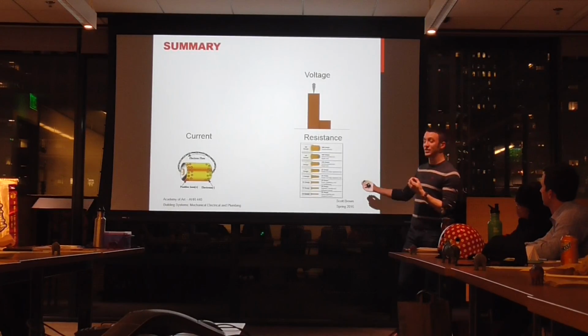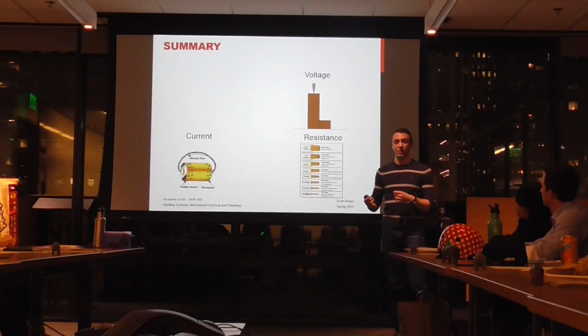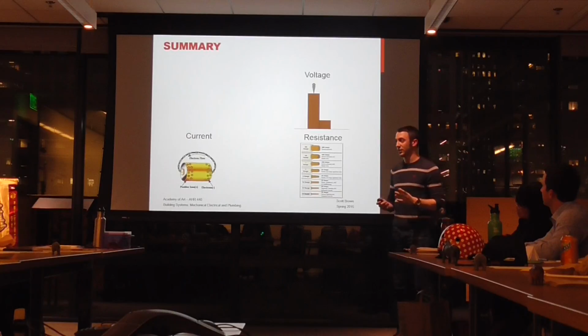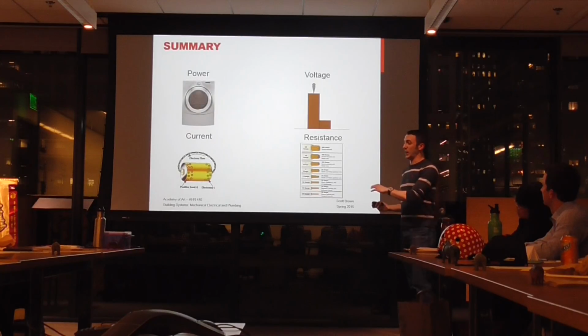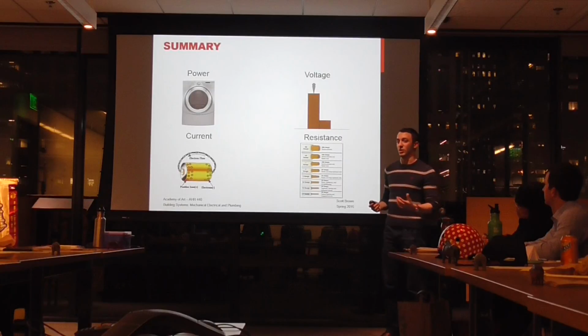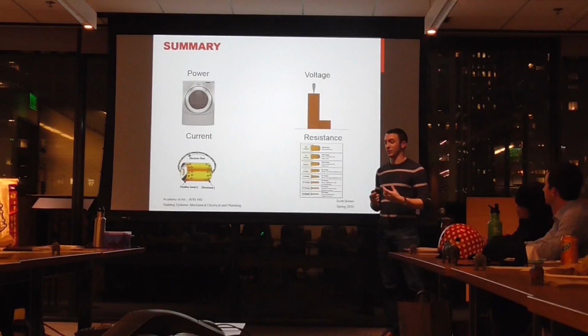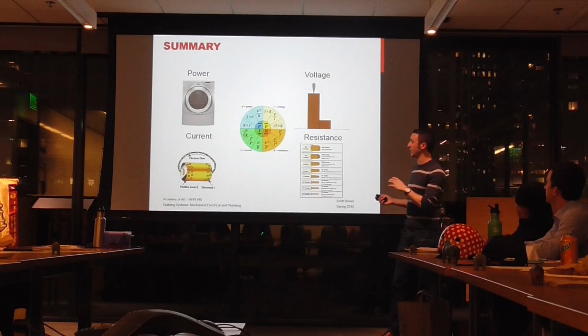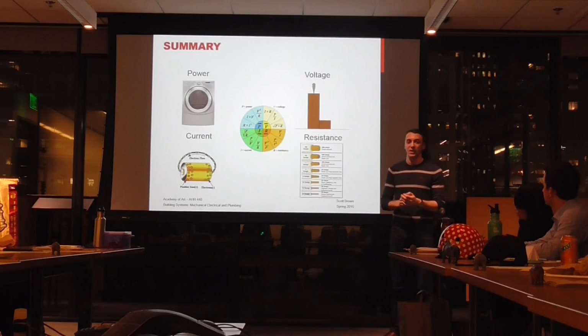There is resistance, the opposition to that current flow, based on the material and its cross-sectional area, how big it is. And then there's power, the electrical energy transferred per second, which in building applications is the power required to run certain types of devices. And they're all fundamentally related to each other by these 12 equations.